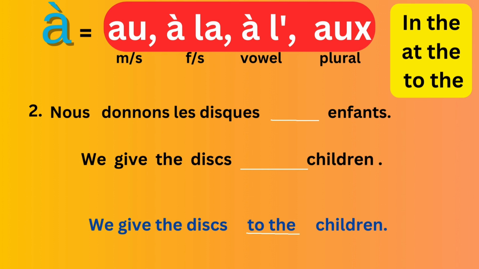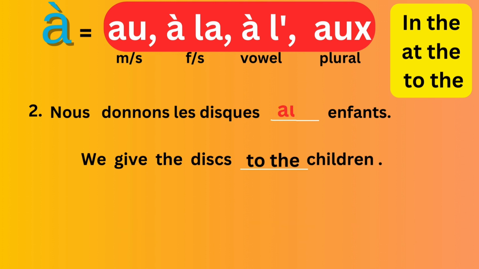Now you have to select one amongst these four, and you do the selection by looking at the word next to the dash. The word next to the dash is enfants, which is very clearly plural. So if it is plural, you will not look at anything else, and if it is plural, it will always be aux.